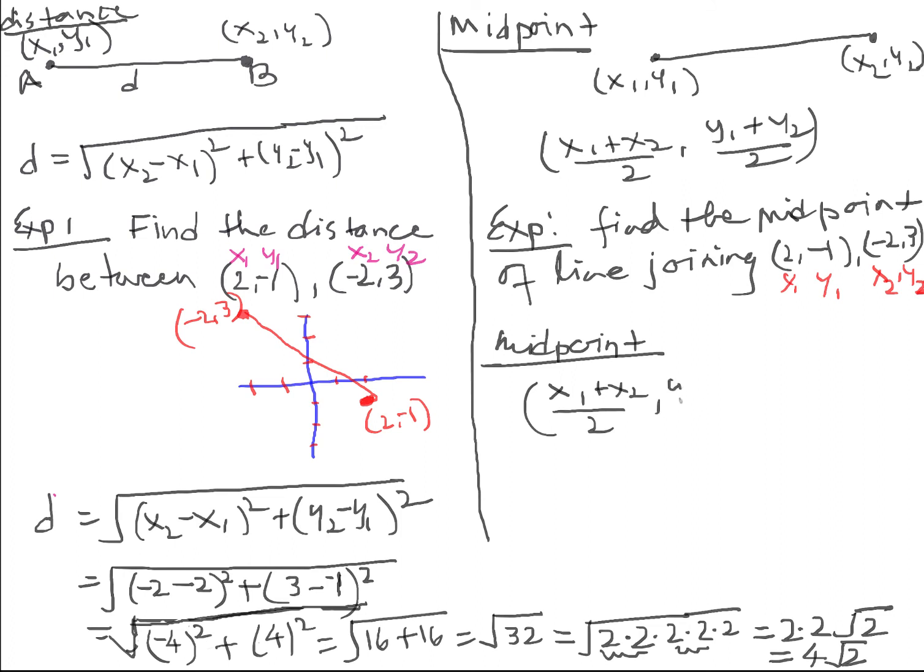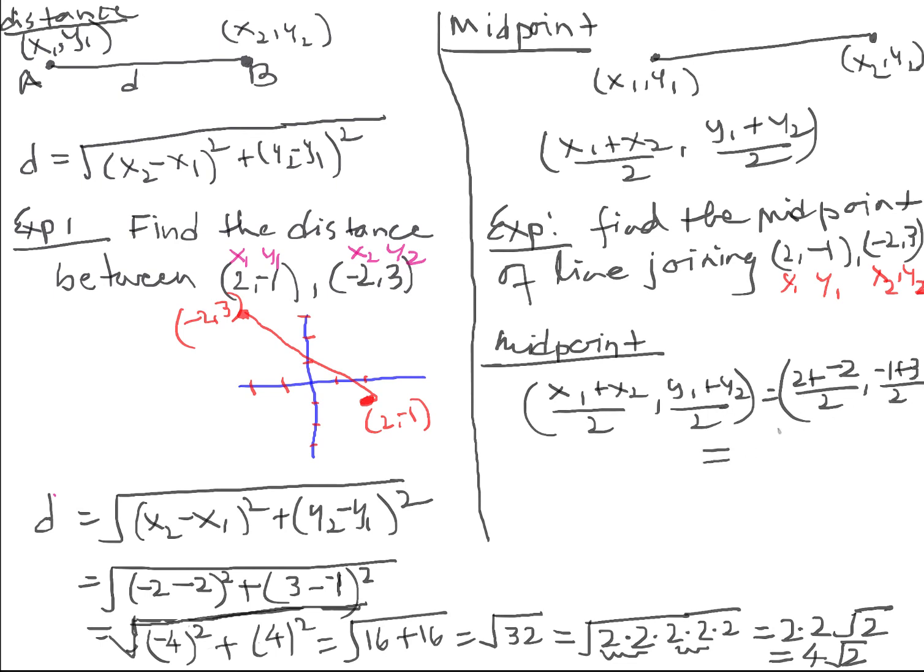The other is y1 plus y2 over 2, right? So what is x1? Is 2 plus negative 2 divide 2, and then the other is y1 is negative 1 plus 3 divide 2. What do you get?